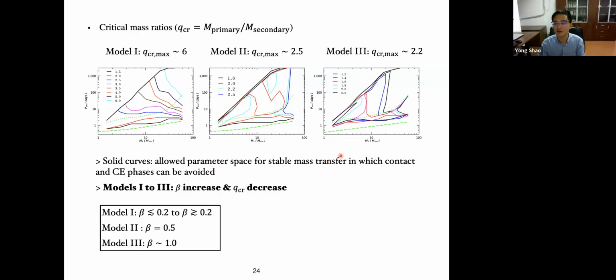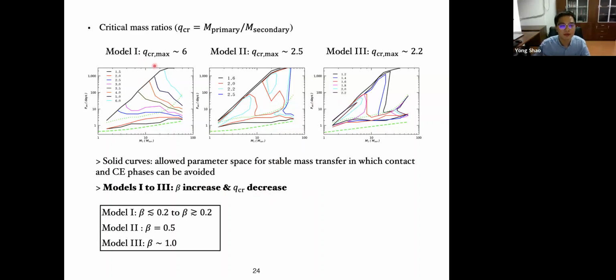So the mass transfer is more unstable in model 3 than in model 1. So we can see that the critical mass ratio from model 1 to model 3 will decrease.